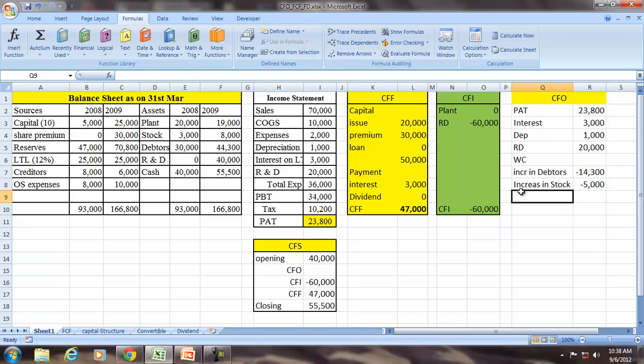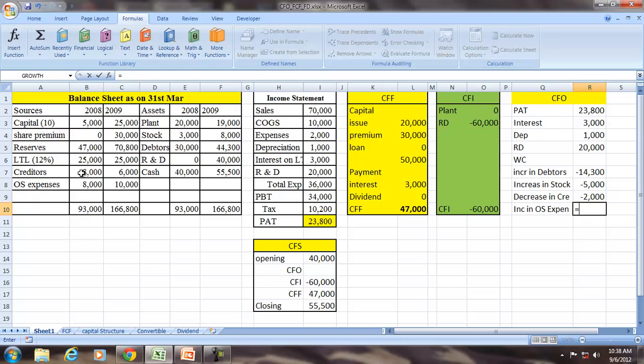Creditors. The creditors have decreased. So it is a payment to the creditors. Decrease in creditors. So we paid money to the creditor, which is a cash outflow. There is an increase in outstanding expense.